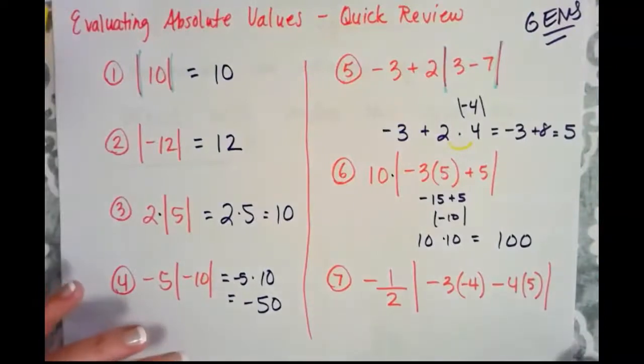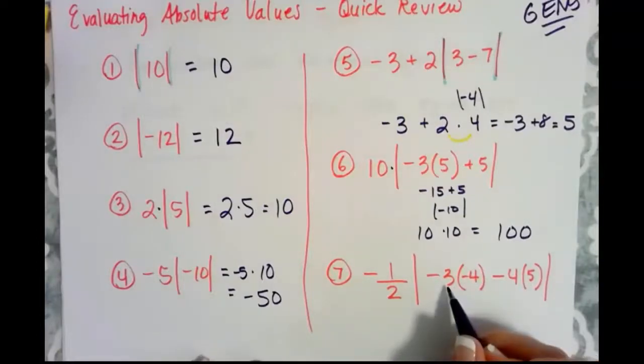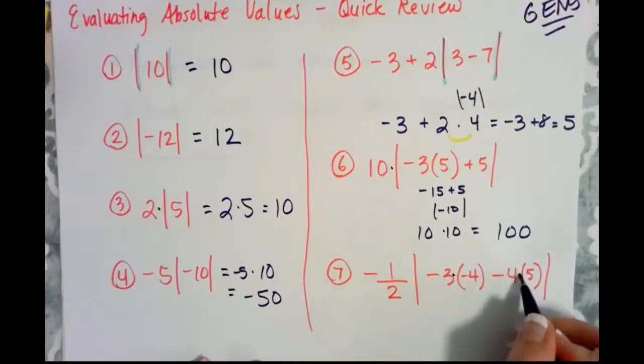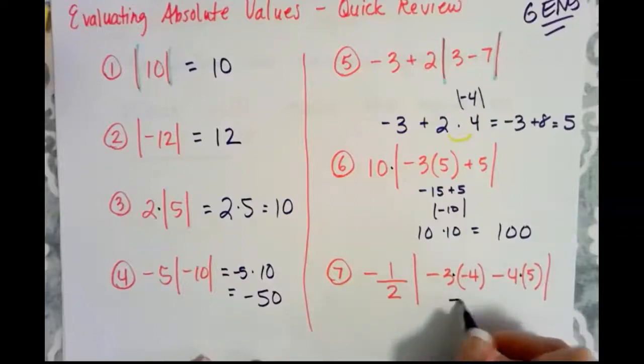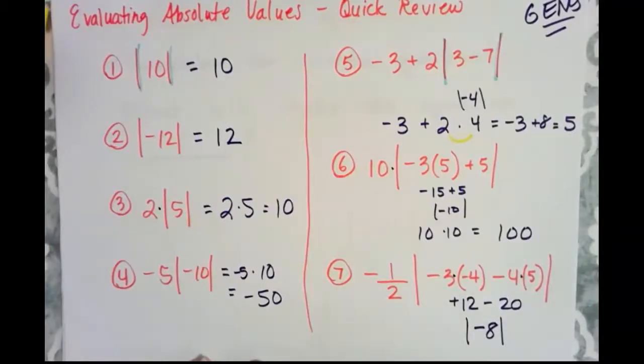Keep going. Remember, the absolute value bars are grouping symbols, so we need to work inside the absolute value bars first. So we've got -3 times -4 minus 4 times 5. Inside those absolute value bars, we've got a +12 and a -20. 12 minus 20 is -8, and the absolute value of -8 is 8.